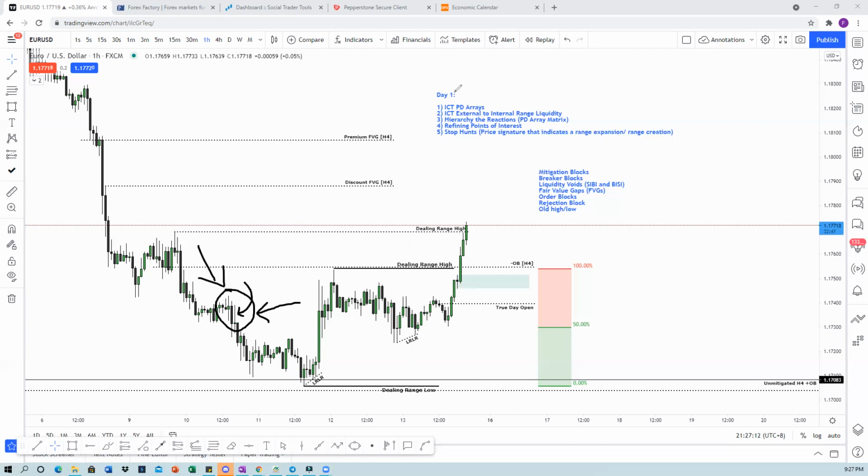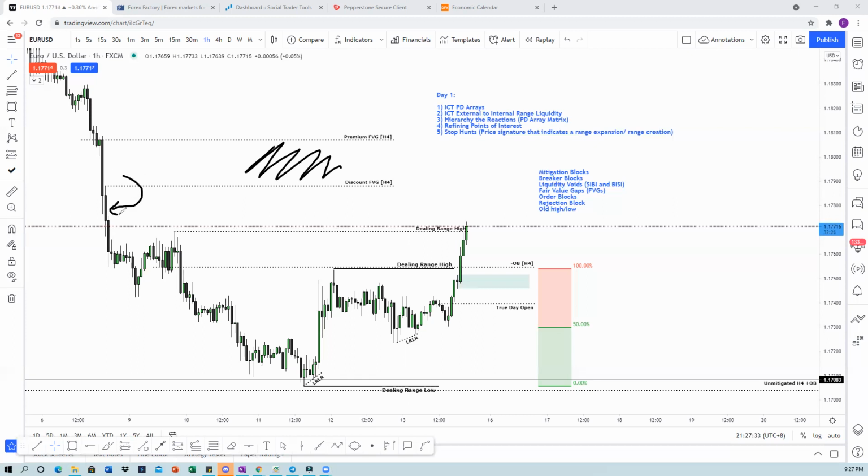So you would want to see a liquidity void or fair value gap with an order block, because what that means is it's not mitigated. That's just how it is, and that's what I've seen from my studies as well. Take for instance this fair value gap over here.